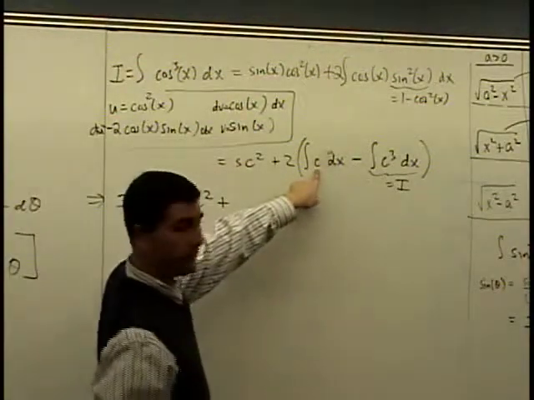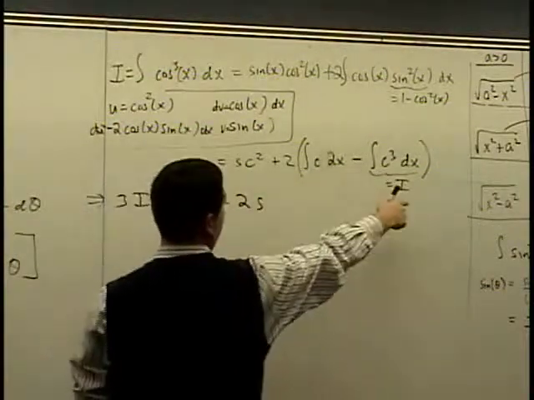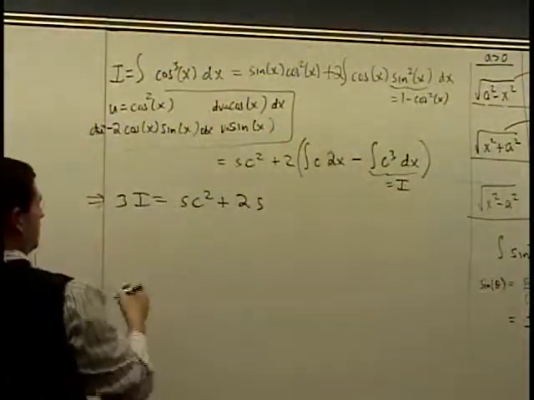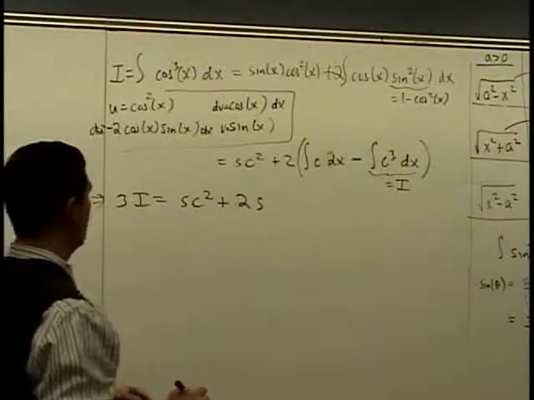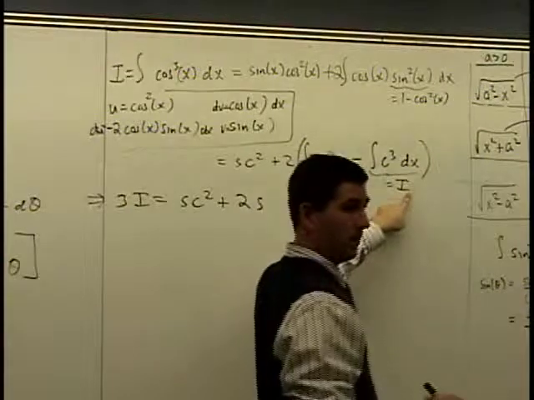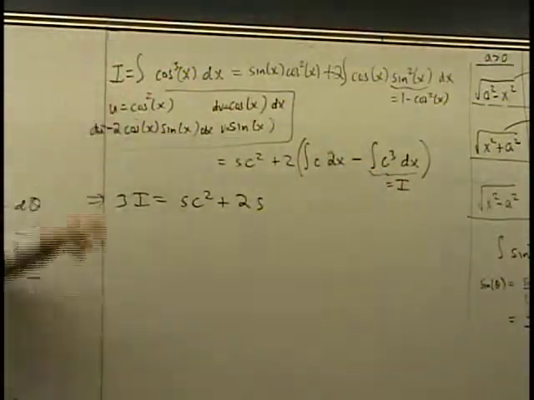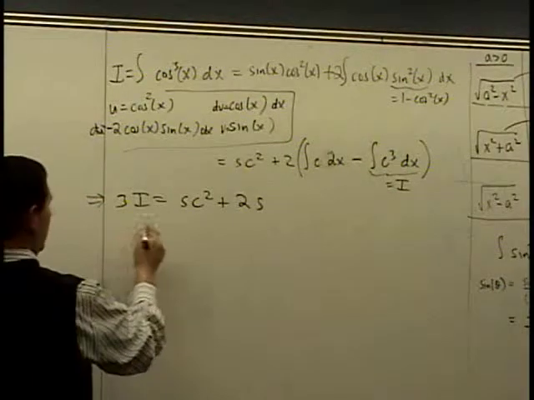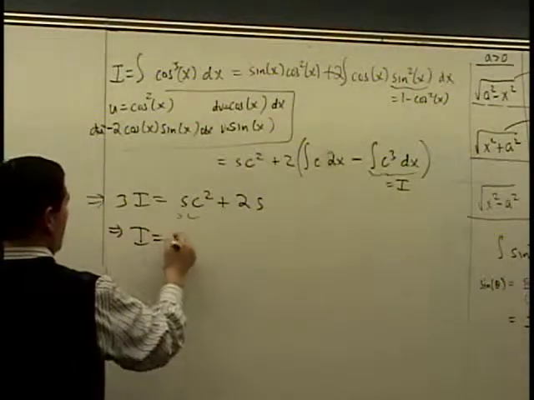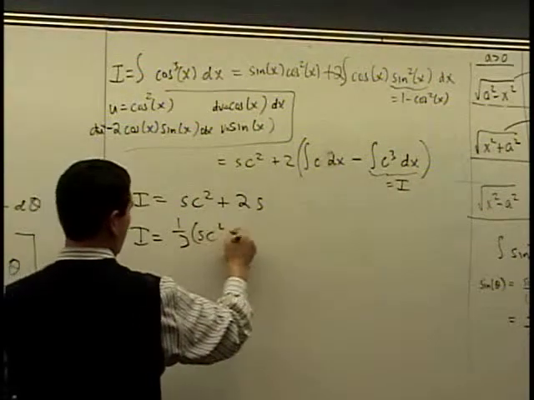Okay, so the integral of cosine is sine. So I get 2 s's, and then I threw those I's to the other side. Why do you have 3 I's? So remember, here I have 2 times minus I, minus 2I. And then when I add this to the other side, I have 2I plus I is 3I. Okay. Now I divide by 3, and I get a third SC squared plus 2s.